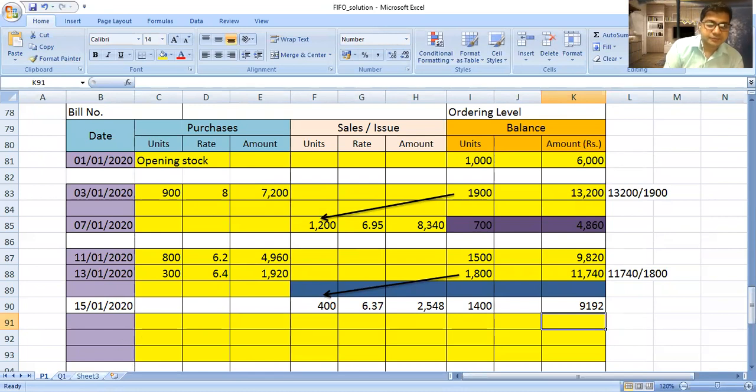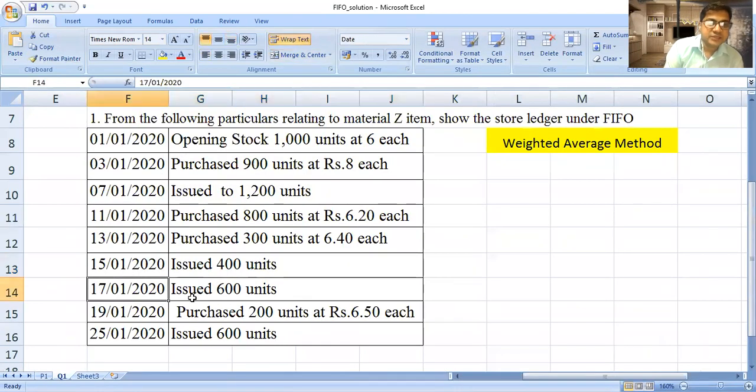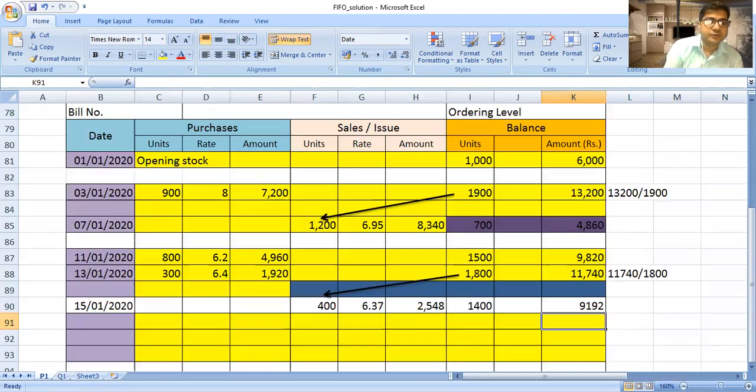After recording 15 January's transaction, next is 17 January, again they issue 600 units.